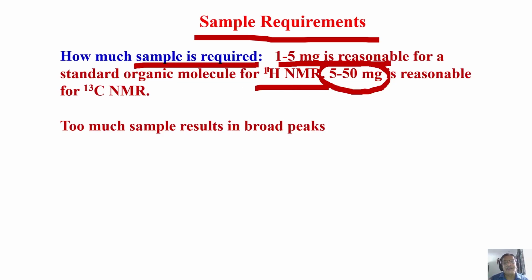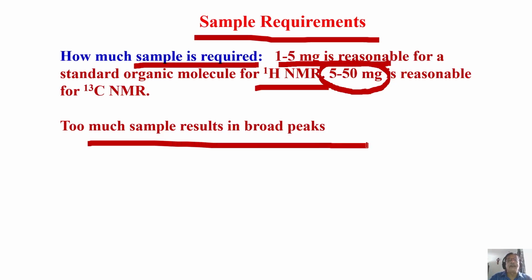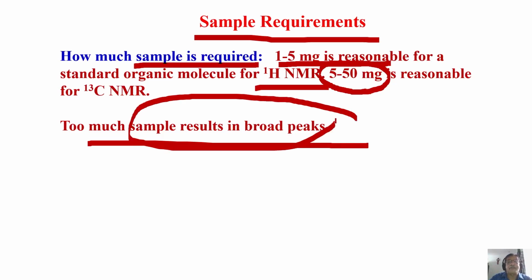Of course, you may say, I have synthesized a lot of compound, the quantity is very high, I can take more sample so that I can do the experiment faster. No, that is not allowed. Too much sample sometimes results in broad peaks. You have to take the optimum quantity.